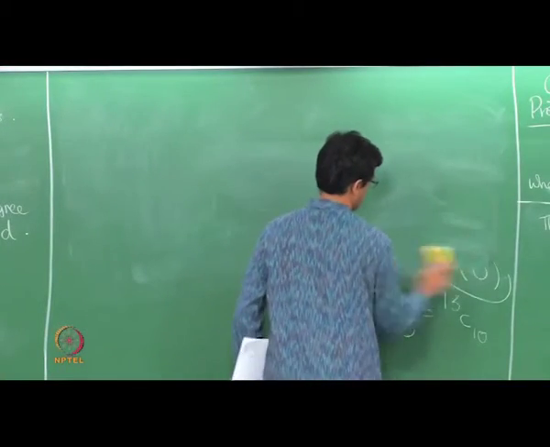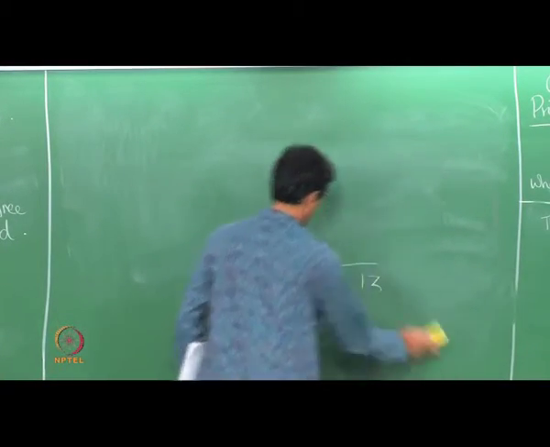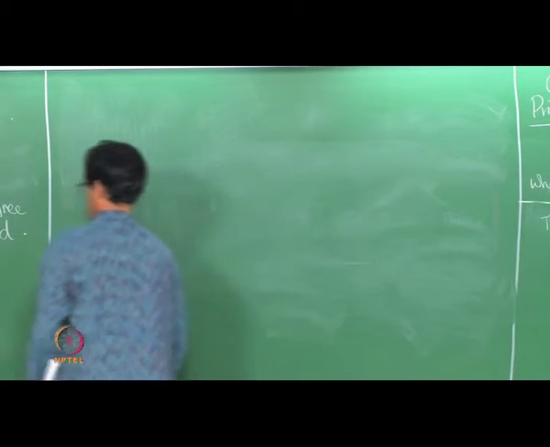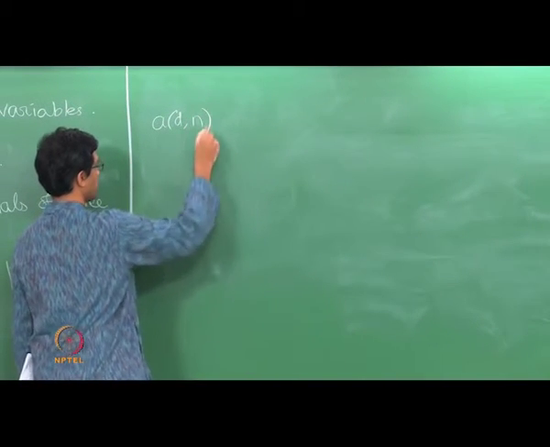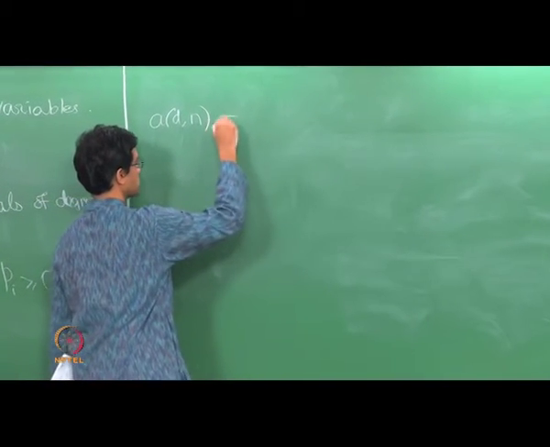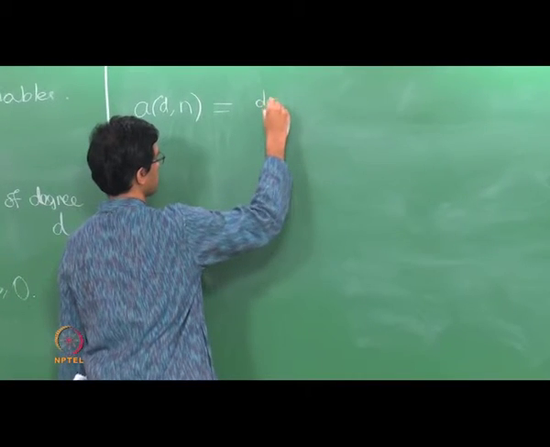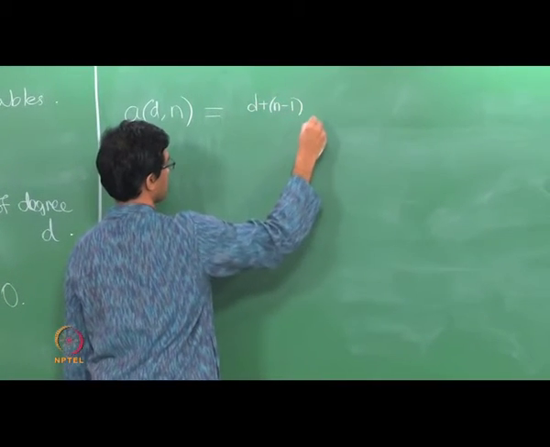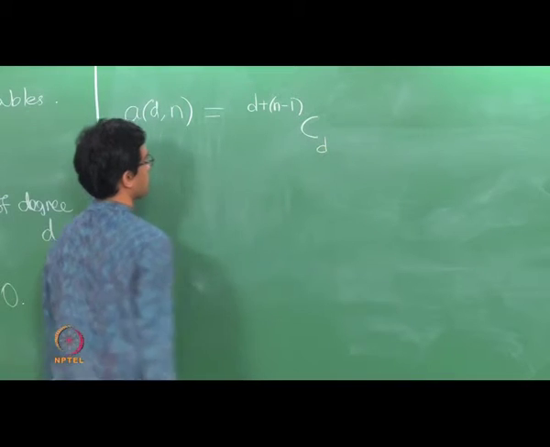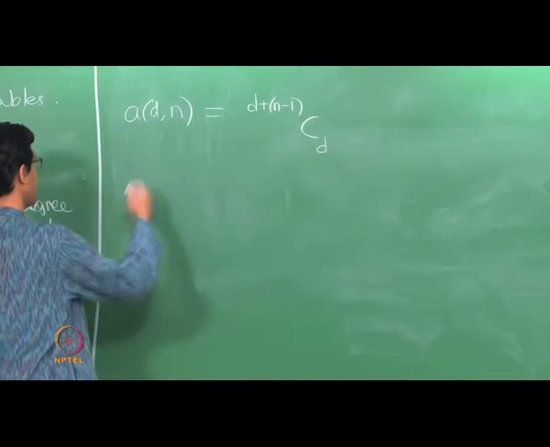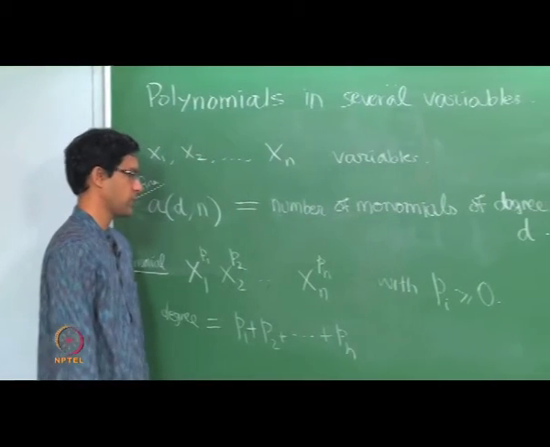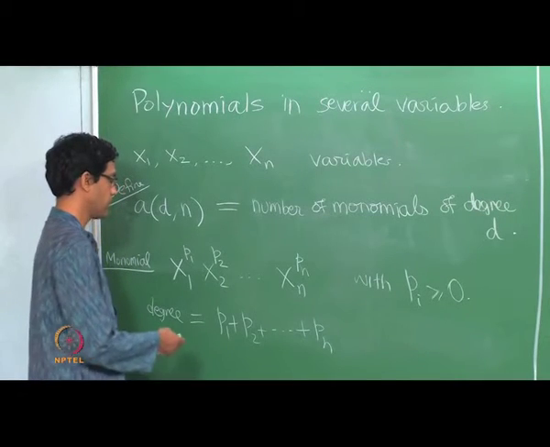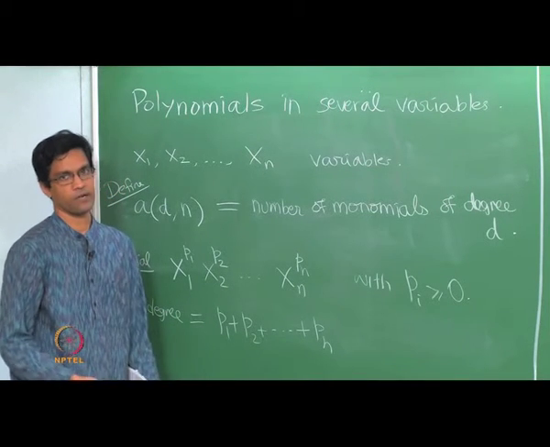So, from the discussion so far, here is what we conclude, that this number a d n that we studied a while ago is just the same as d plus n minus 1 choose d, because a d n is just the number of solutions to the equation p1 plus p2 plus pn equals d, where the pi's are restricted to be non-negative integers.